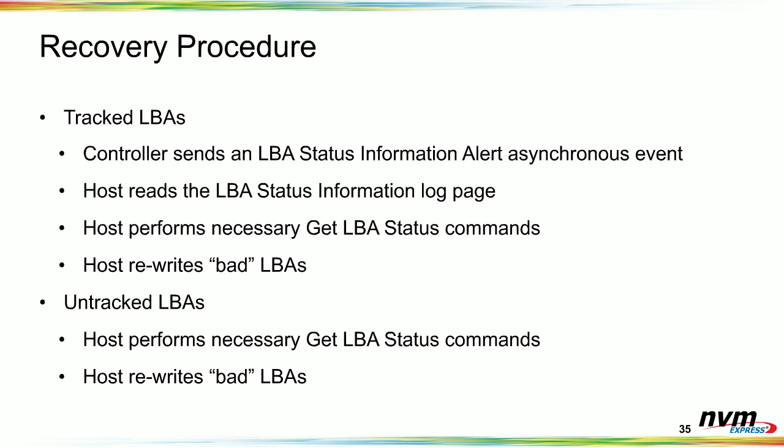The host performs Get LBA Status commands on those ranges of LBAs that may have bad LBAs. And then the host goes and gets the good data from its alternate source, be it rebuilding it from a RAID or going out to a mirror copy, and it then writes those bad LBAs.